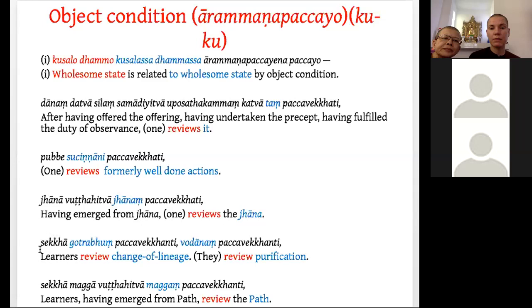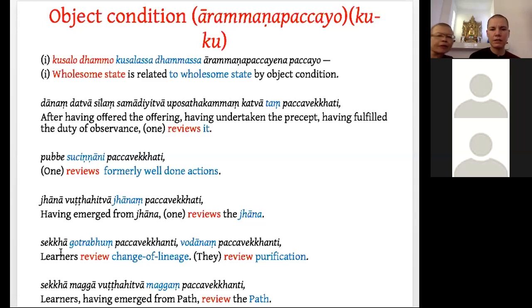Sekha is translated as "learner." Learner sounds like someone who is still learning. Well, yes, true, but actually it refers to a noble person who is not yet an arahant. So Sotapanna, Sakadagami, Anagami are called sekha, learners. They are in the process of learning to become asekha. Asekha is arahant, who is already beyond learning.